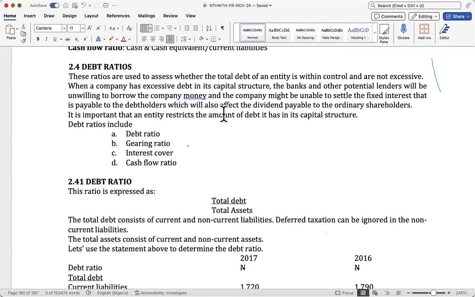Now, the next one is debt ratio. Seldomly they call it stability ratio. Majorly, we use it to measure the going concern of a company, or to understand whether a company has a lot of debt in its capital structure or in its financing.